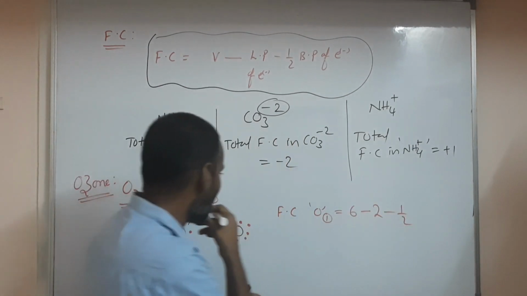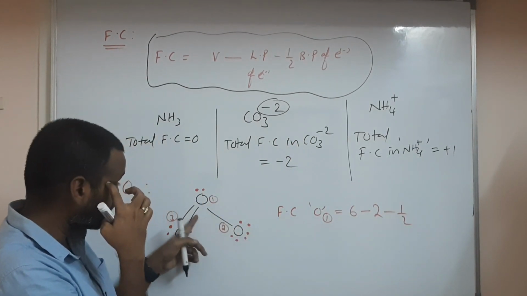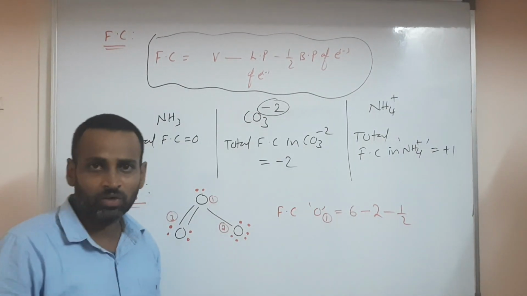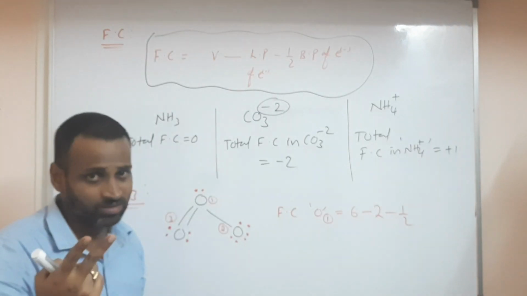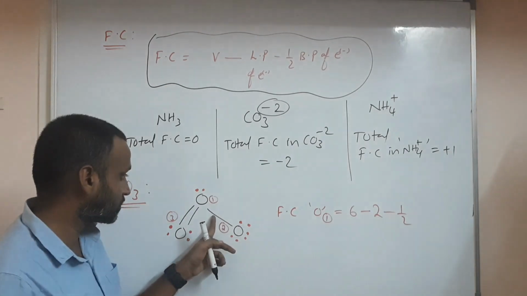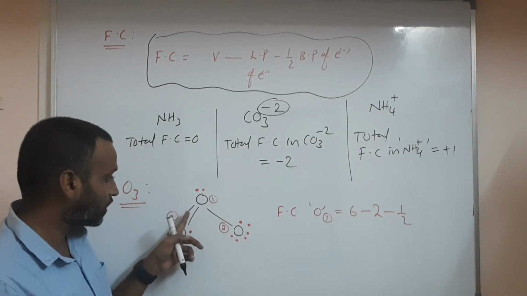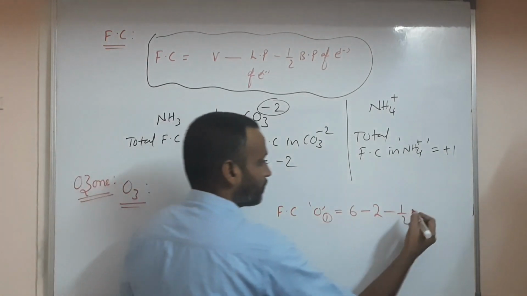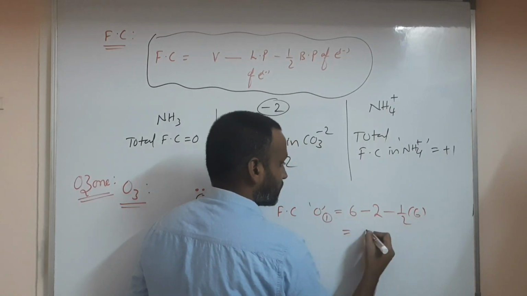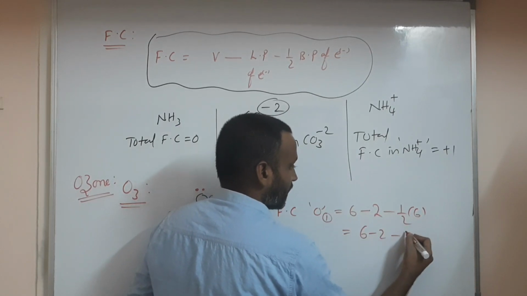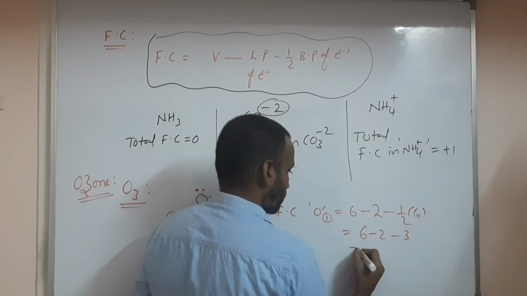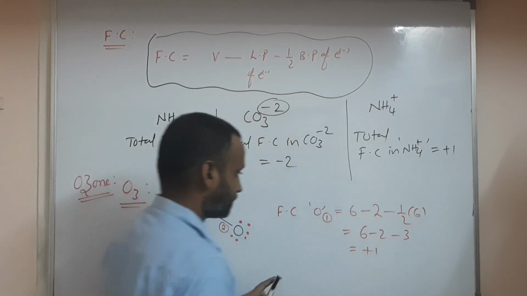Minus half into bond pair electrons. This oxygen has 3 bonds. 1 bond means 2 electrons, everybody knows. Here how many bonds are there? 1, 2, 3. 3 bonds, so 6 electrons, half into 6. So what is the formal charge? 6 minus 2 minus 3. So this oxygen's formal charge is plus 1.